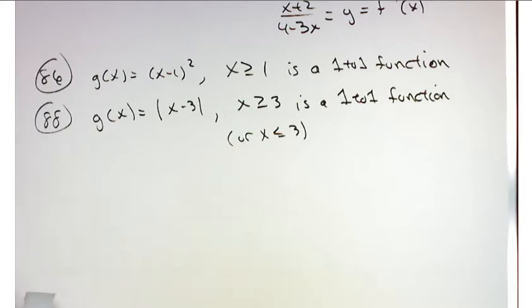Let's take a look at the next one, though. Problem number 90. And I'm going to do my best to copy the graph from the book. Like I said, if you want to borrow a ruler, come on up.